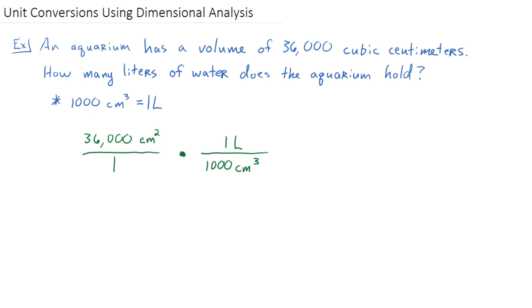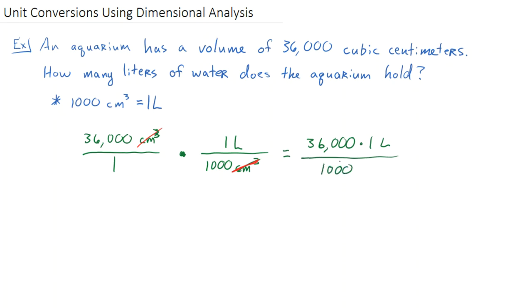Now, because we set it up right, these centimeters, that should be to the third. Let me correct that. Now I can cancel it with centimeters to the third here. Okay, and now when I do the math, this is a little different than the first example. I have 36,000 times 1 liter on the top, and that's over 1,000.